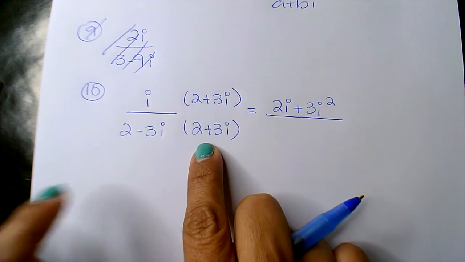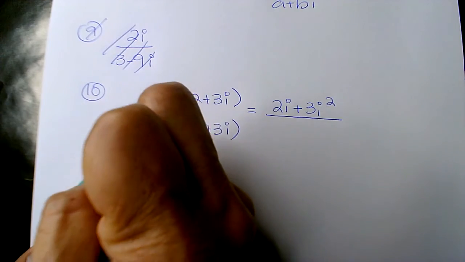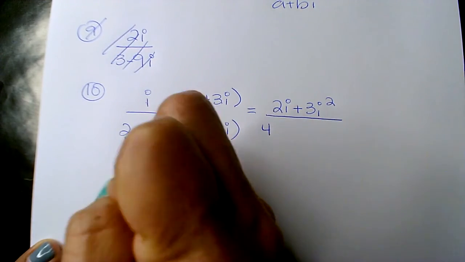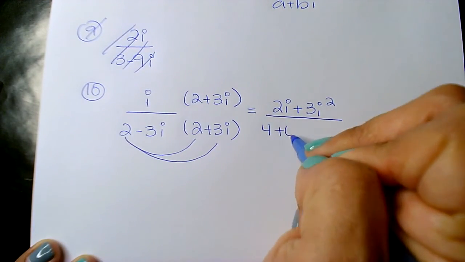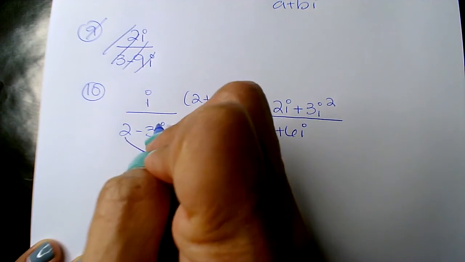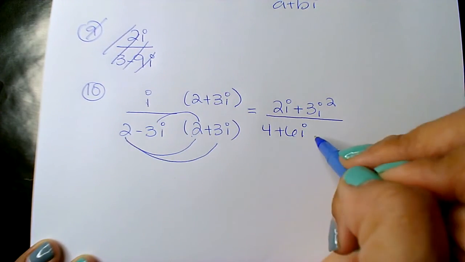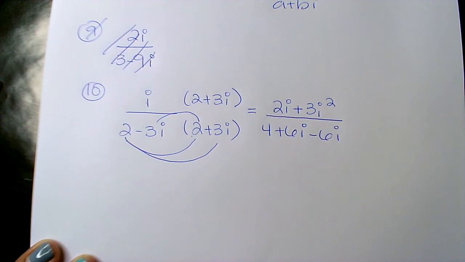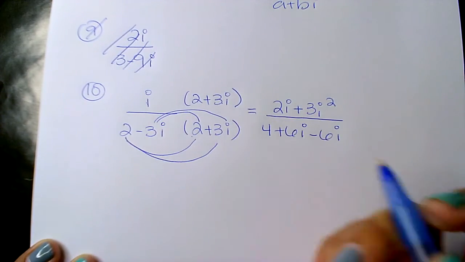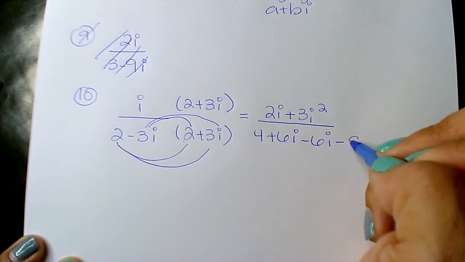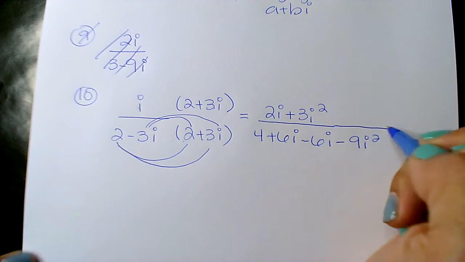Here I have to repetitively multiply. 2 times 2 is 4. 2 times 3i is 6i. -3i times 2 is -6i. -3i times +3i is -9i squared.